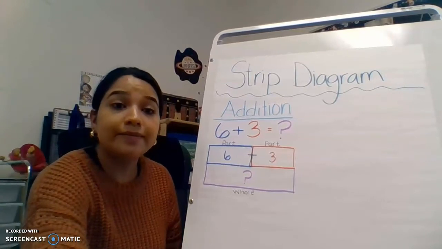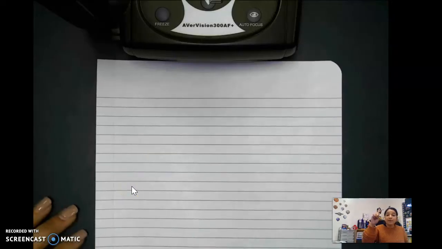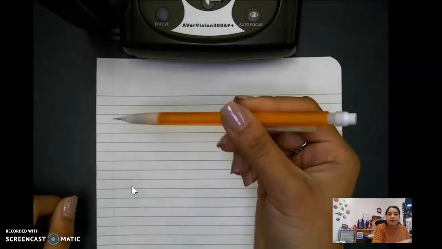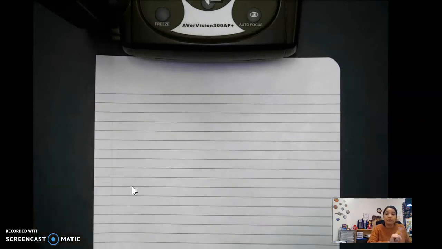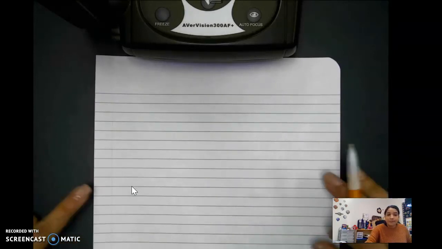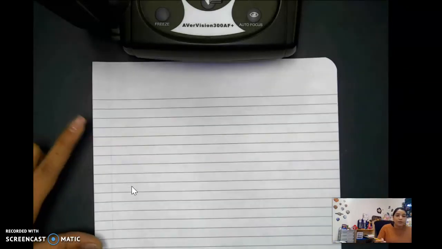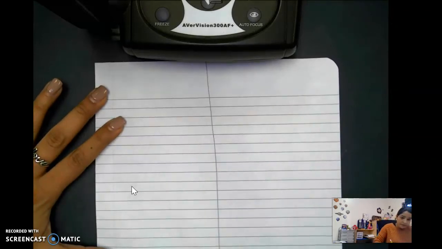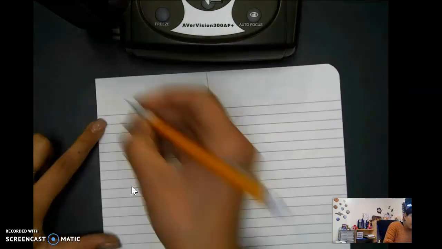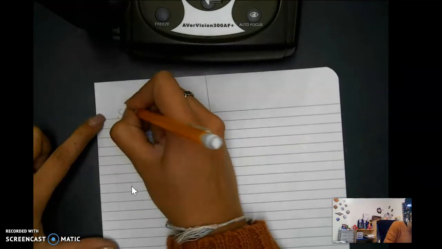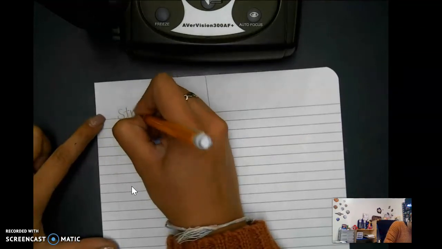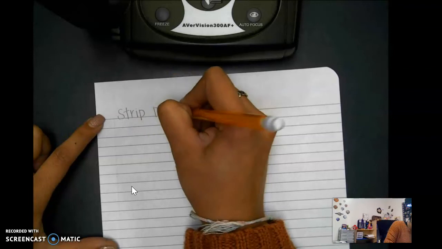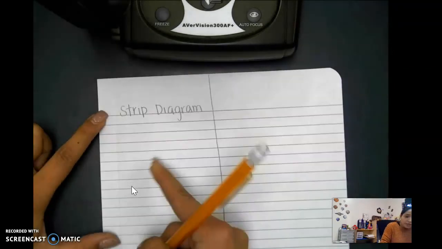For addition. For your first assignment for today, you're going to need your journal and a pencil. So if you don't have that, you can press pause on this video now. And what you're going to do when you have your pencil and your journal, you're going to divide it in half. And we're going to go ahead and write down strip diagram. We're going to write that on one section.